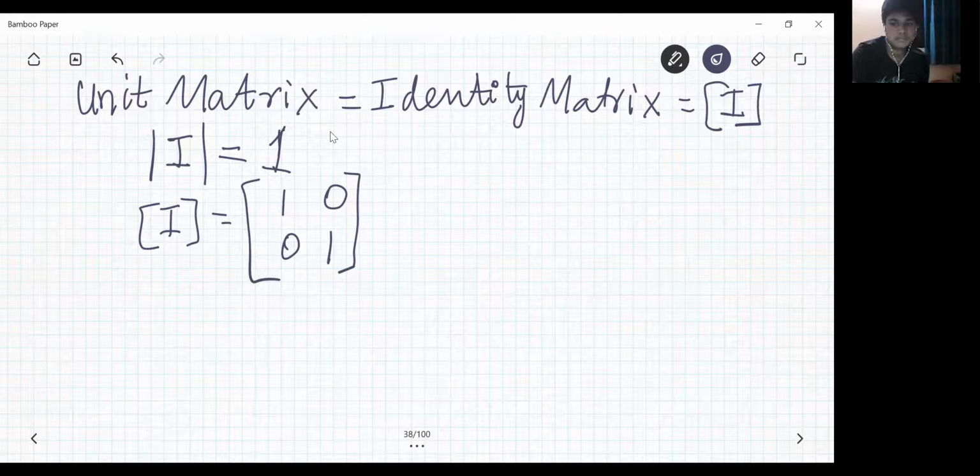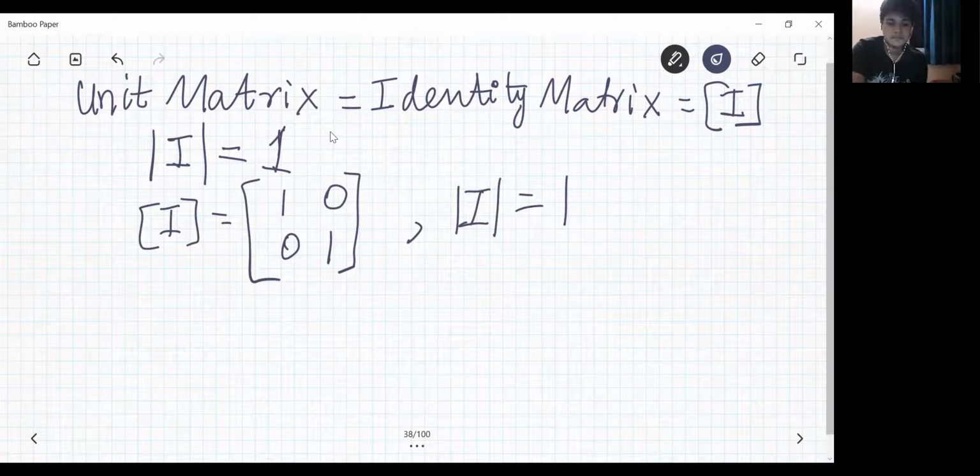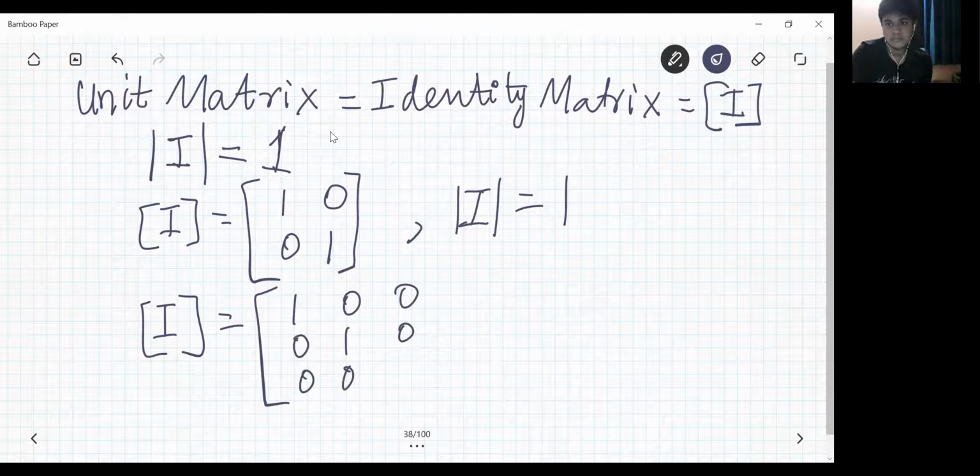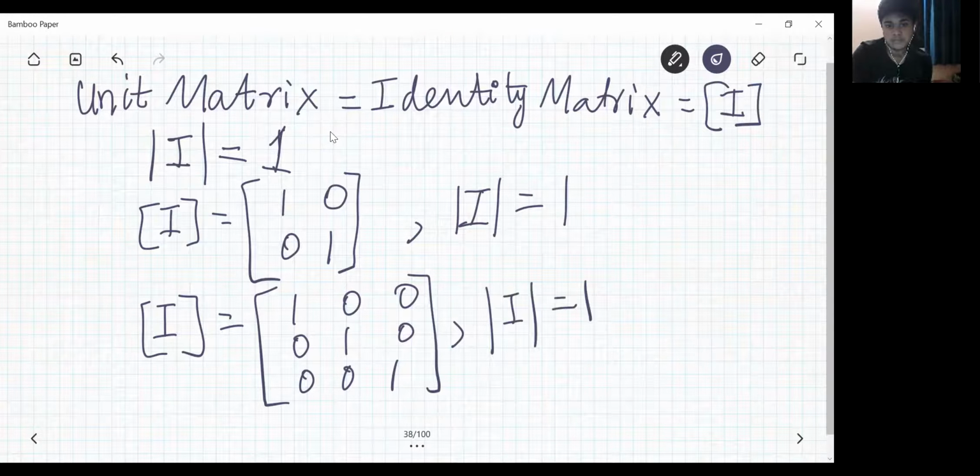If you find the determinant here also, it becomes 1. So if I is equal to 1, 0, 0, 0, 1, 0, 0, 0, 1, then also determinant I is equal to 1.